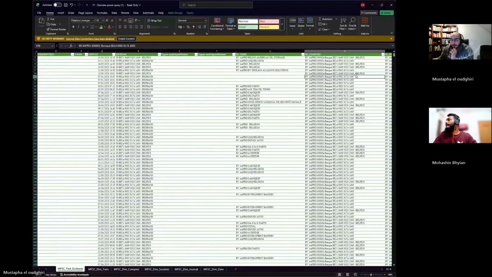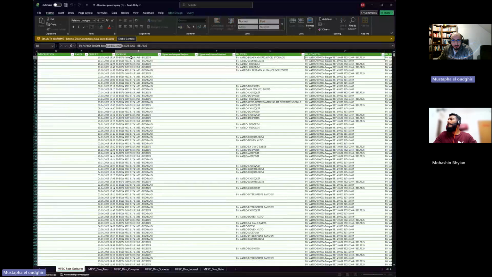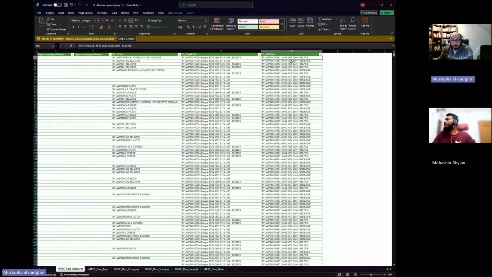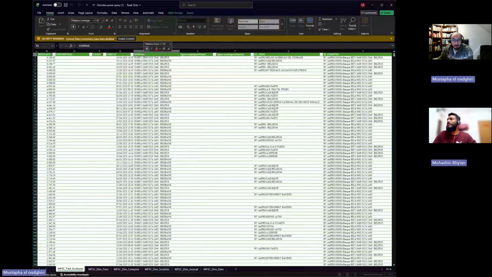So for the V, if I look, it has A4 Pro, then the 550, and then the bank. So it's this one. Yeah, the bank, you see? And same for this one. One has the journal, one has the compte.